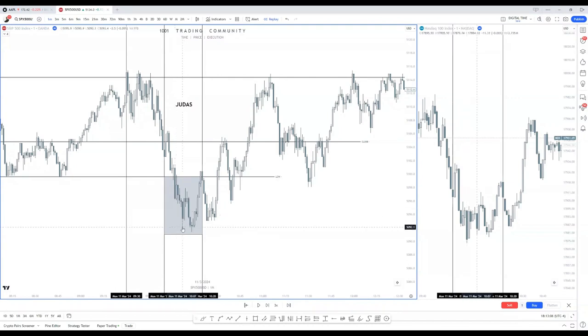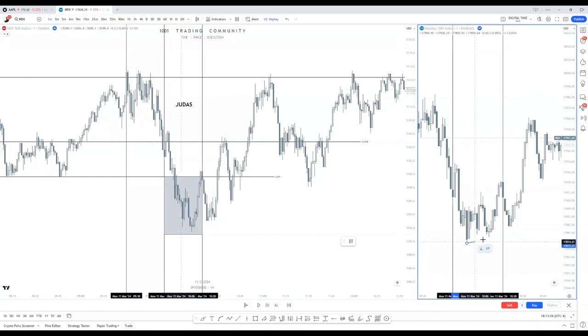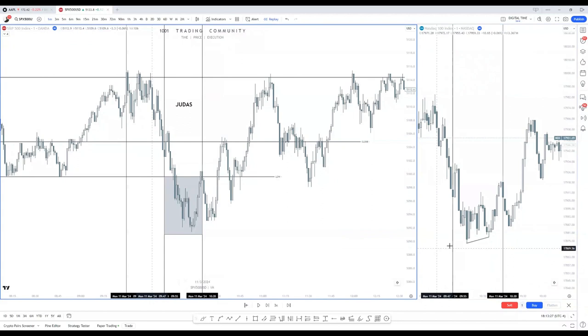And when that happens, you now have time, you now have price. So what do you need next? The third ingredient to make this even higher probability is SMT. The 10:02 candle to the 10:13 candle, NASDAQ. That low was not taken out. 10:02 candle to the 10:13 candle.